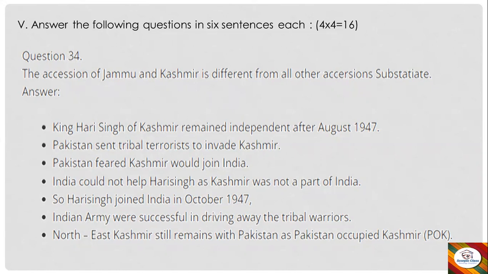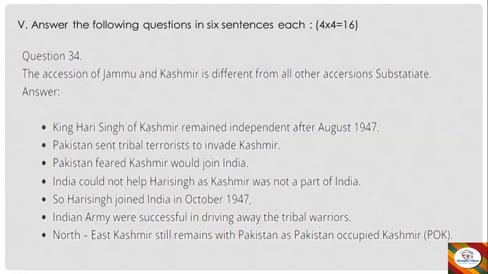The accession of Jammu and Kashmir is different from all the other accessions. Substantiate. Answer. King Hari Singh of Kashmir remained independent after August 1947. Pakistan sent tribal terrorists to invade Kashmir. Pakistan feared Kashmir would join India.